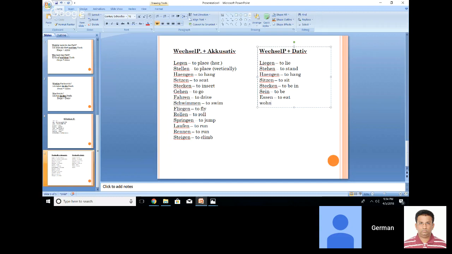Wohnen is to live. Why is essen in dative? Because I've already eaten it. Okay. If I am eating it right now, I mean, if there is an action involved of eating, then it would be accusative.